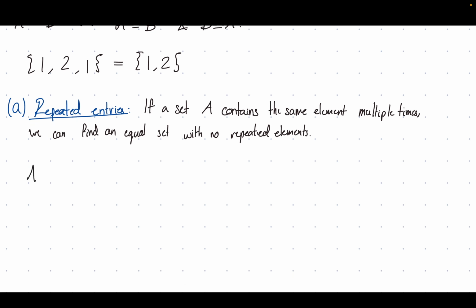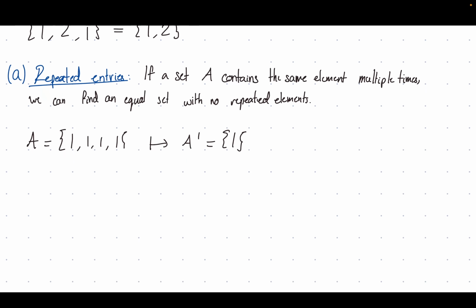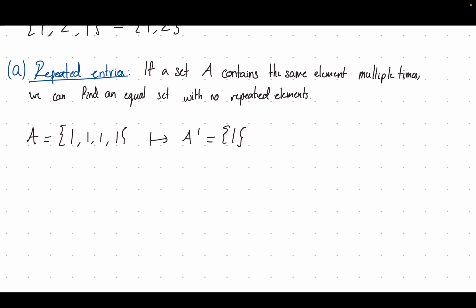So what this is saying is that if we have a set, something like A is equal to 1, 1, 1, 1, then we can map it to a set A prime, which is equal to just the set containing 1. So that'll be our first rewriting rule, if you will, to make these sets a little bit more manageable to work with.